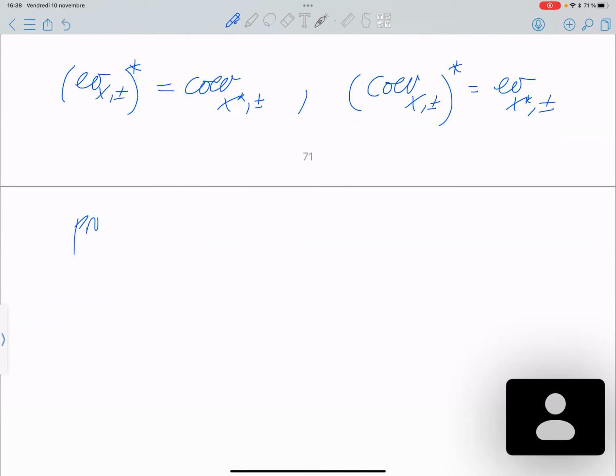So proof. So first, the statement with plus is exactly what we proved before in section 2.